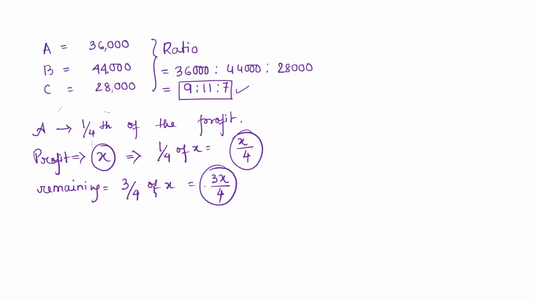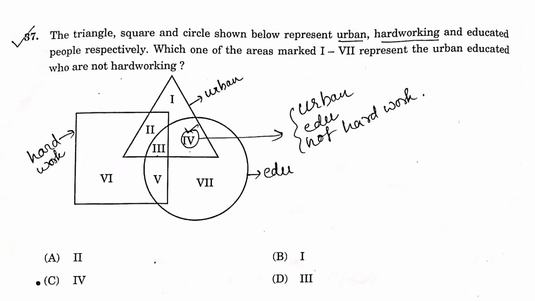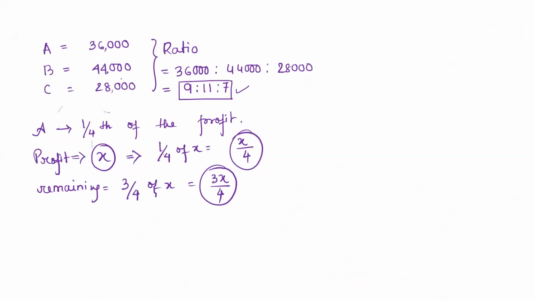Okay. Now, see. Since the amount of Aman is already provided, it's easiest to proceed with that. According to the question, Aman gets 1/4 of the profit and 3/4 of it is divided amongst the three in this ratio 9:11:7.